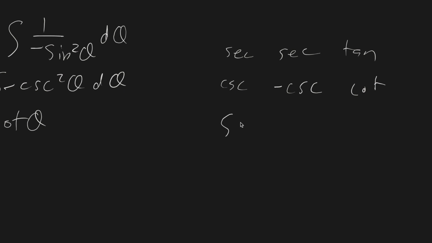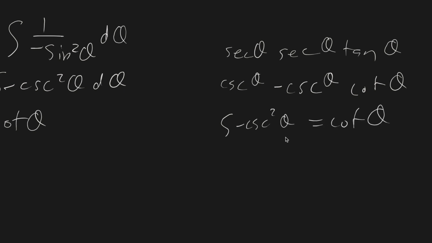The integral of negative cosecant squared theta, and that's when we multiply these two, which are next to each other, is equal to cotan theta. And similarly, the integral of negative cosecant theta times cotan theta is equal to cosecant theta.